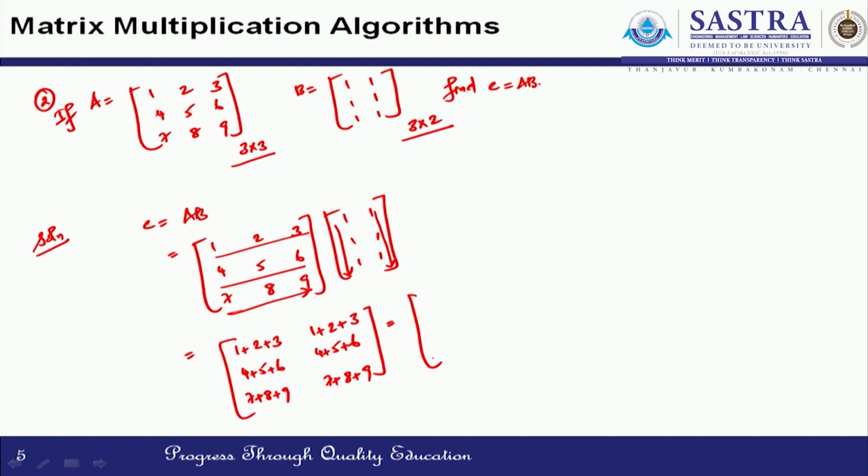So this is equal to 6, 6, 15, 15, 24, 24.